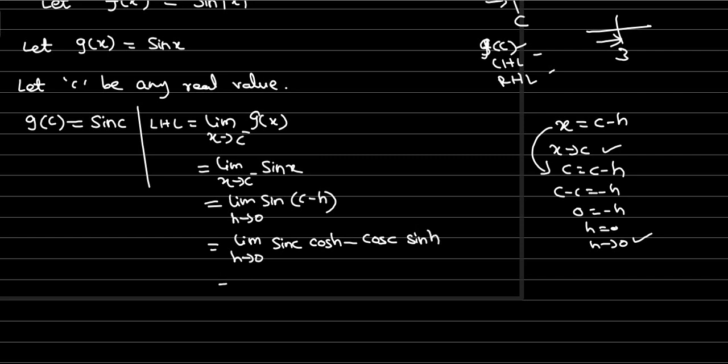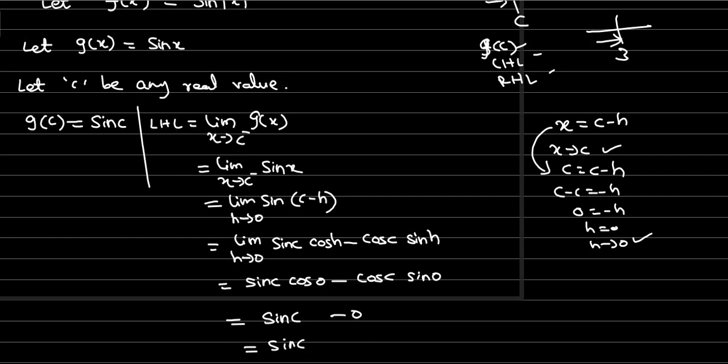Now let's apply the limit: sin c cos 0 minus cos c sin 0. Sin 0 is 0, and if 0 is multiplied with any term, the complete second term becomes 0. Cos 0 is 1, and 1 with anything is the same thing. So the answer is only sin c.